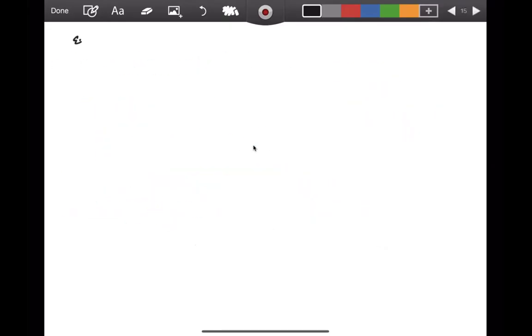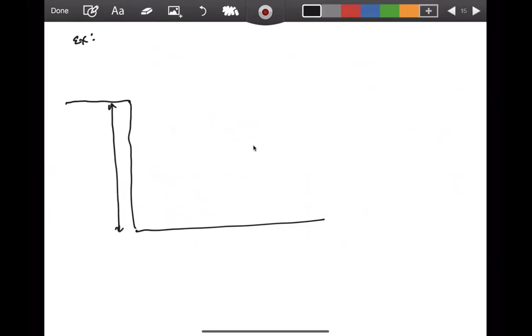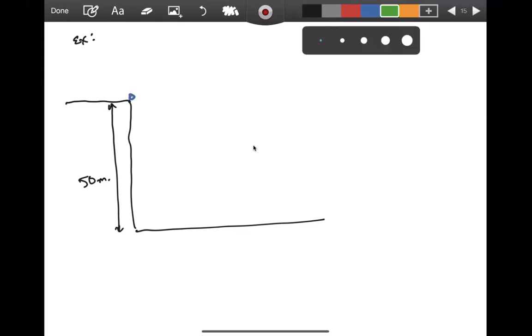So let's look at a first example here. My first example says, here's my waterfall. My waterfall is some height, so let's say this is my height of 50 meters. And let's say my water starts off on the top. So here's a droplet of water, which is going to be moving in the horizontal direction with some initial velocity.